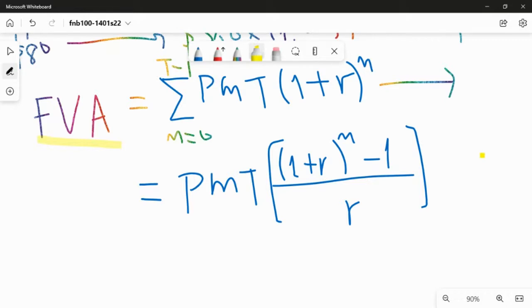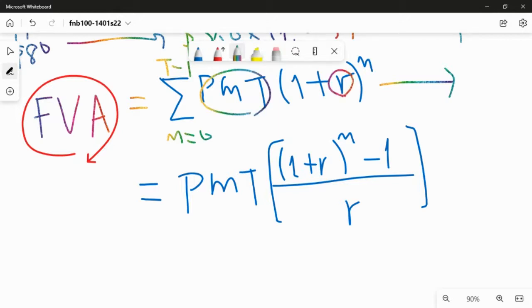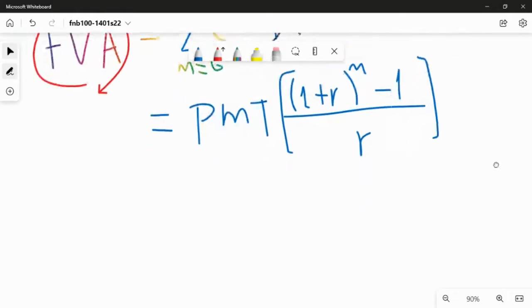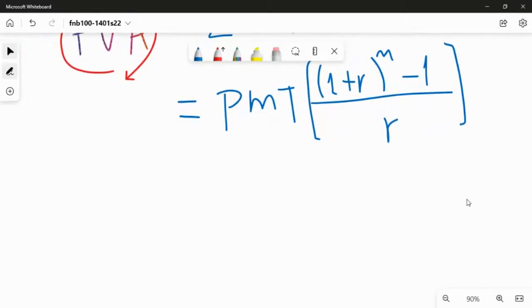The first is of course the future value of annuity. But that means this is known, and this is known, and this is known. They are all known quantities. Also, the question can be what's going to be the payment?